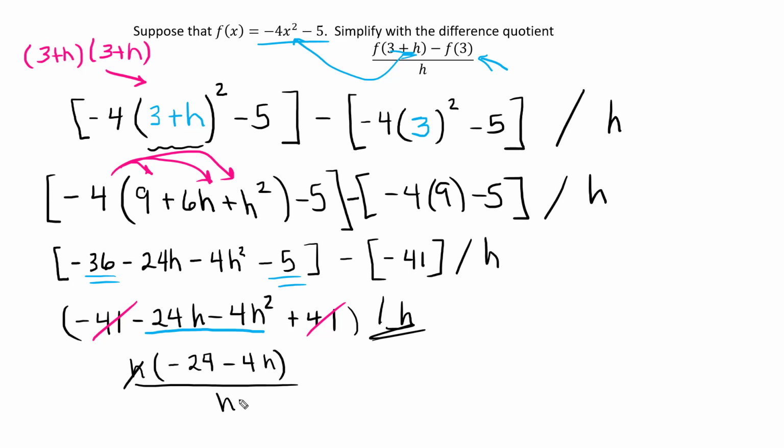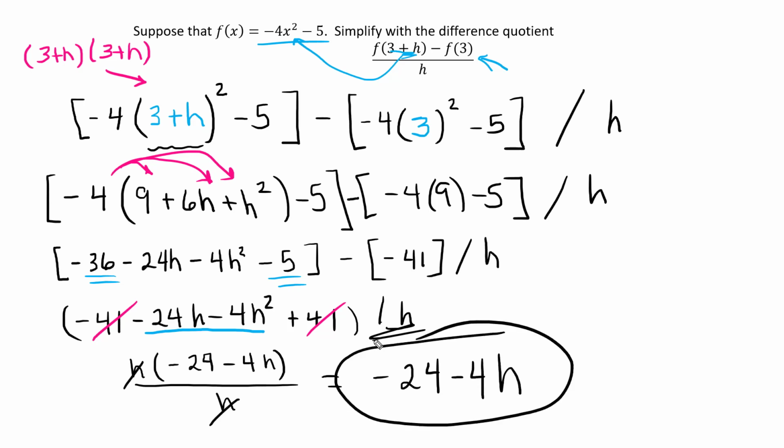So hopefully now you can see why I factored it. So I get -24 minus 4h, and that will be my answer. So you're going to see a lot of this is just a whole bunch of algebra to go through. But the main thing, when we get to limits, is to understand why we even like this formula right here. So stay tuned, that'll be coming up next.